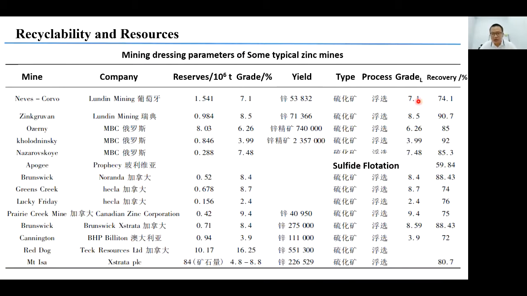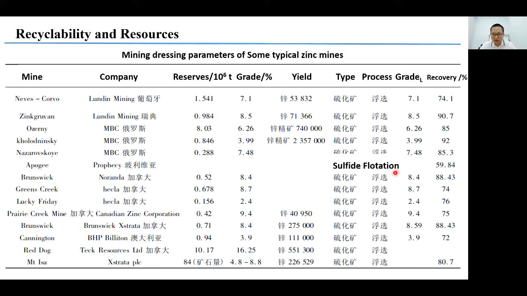And this is the lowest grade of their mines. The overall recovery rate of zinc in this flotation process ranged from 72% to around 90%. So we are losing some 10 to 30% of zinc in this flotation process.